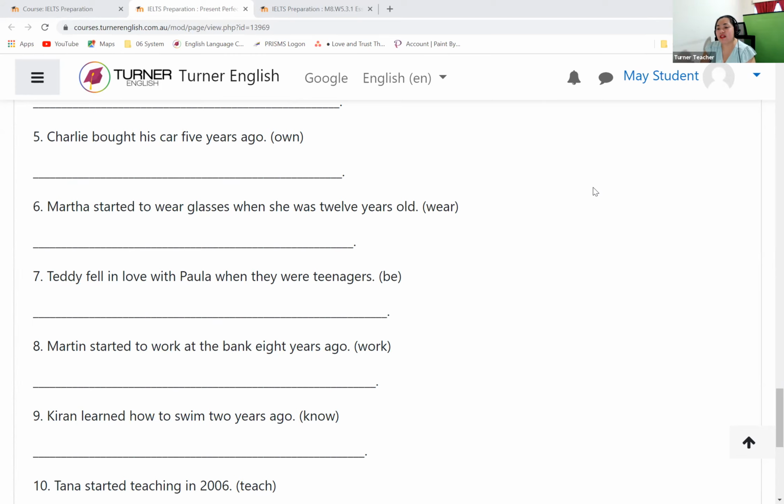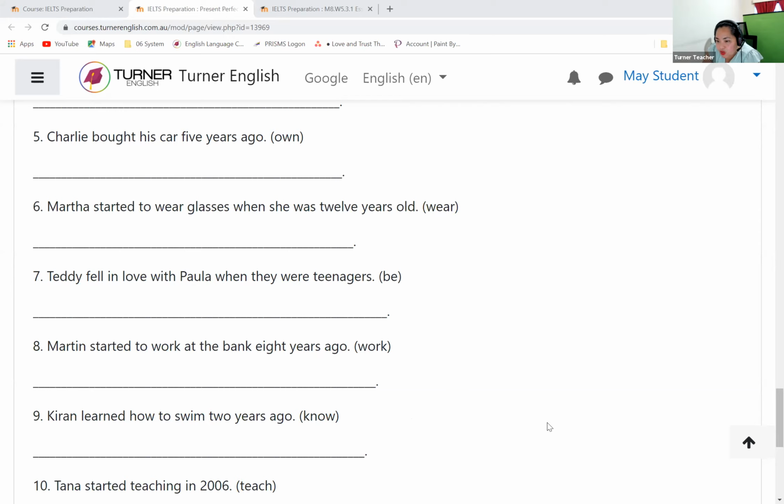If you say Teddy has been in love with Paula when they were teenagers, it means Teddy is no longer in love with Paula. Is that clear, Oyanga? The "when" has got to be changed to "since."